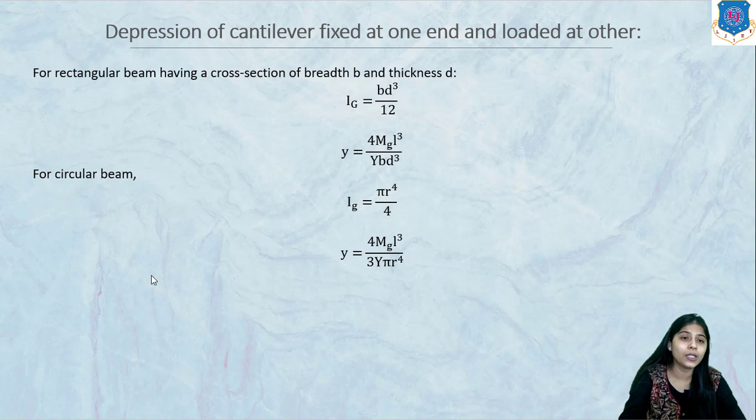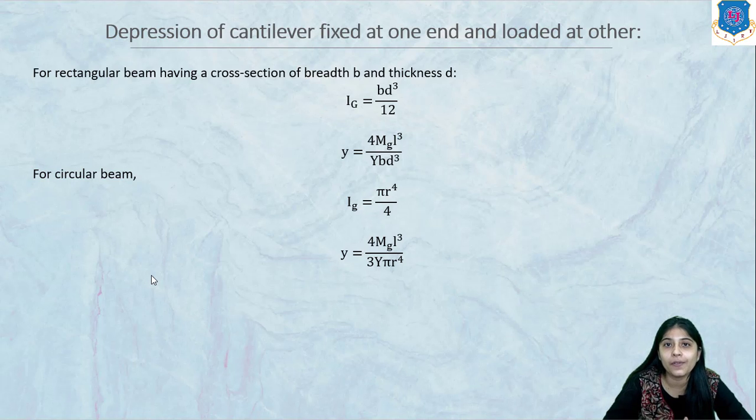Now let us consider a rectangular beam. If we are considering a rectangular beam which has a cross section of breadth b and thickness d, then the geometrical moment of inertia of that rectangular beam will be bd cube by 12. Remember that the geometrical moment of inertia of a rectangular beam is bd cube by 12, where b is the breadth and d is the thickness.